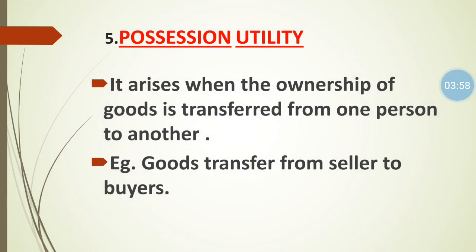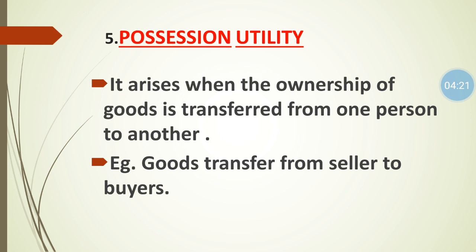Next is possession utility. It arises when the ownership of goods transfers from one person to another. Possession means to relate. So possession utility arises when ownership of goods transfers from one person to another person.